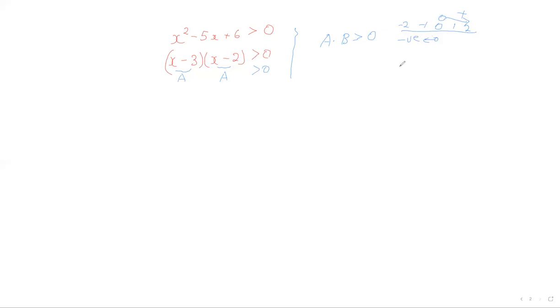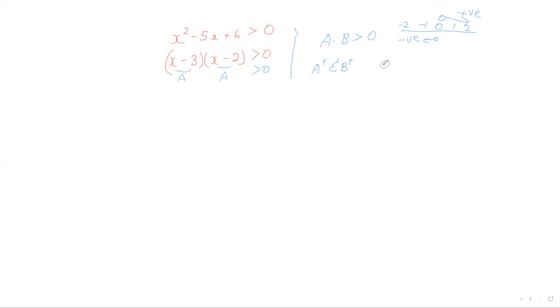Now, here is either A is positive and B is also positive, because a positive multiplied by a positive will give you a positive.